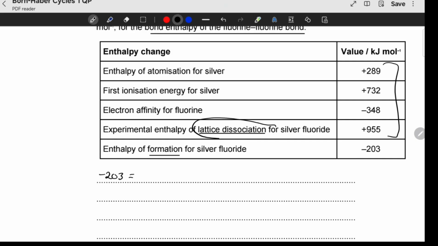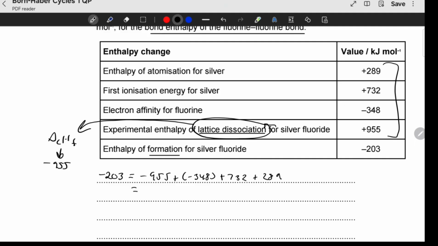Now, since it's the lattice dissociation and it's not the lattice enthalpy of formation, we have to switch the sign to -955. So it'll be -955 plus -248 plus 732 plus 289.